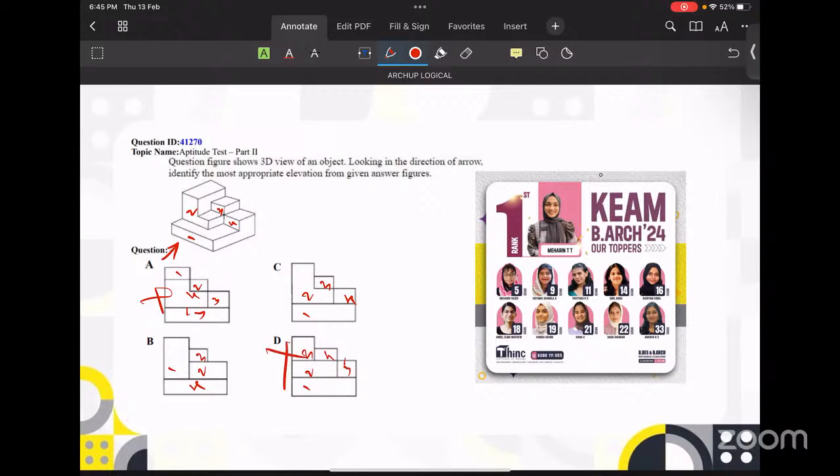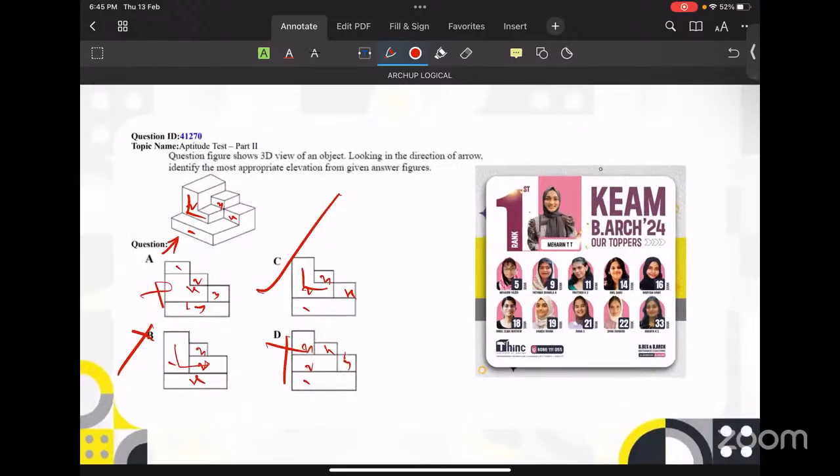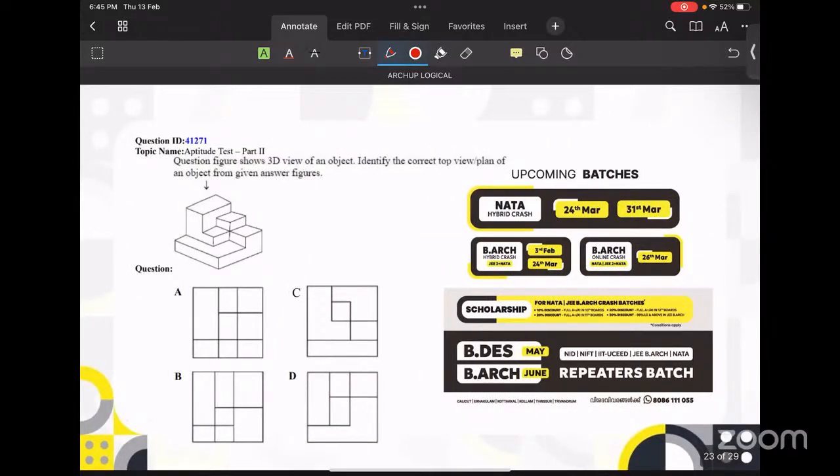Now only we will be comparing the figures. We want an L shape like 2. So 2 is only here. The L shape is not perfect. C. The same figure they had used for many questions.